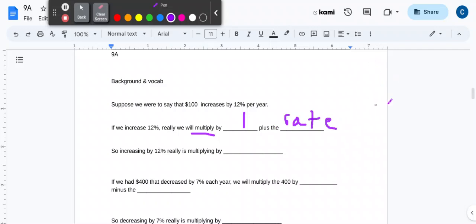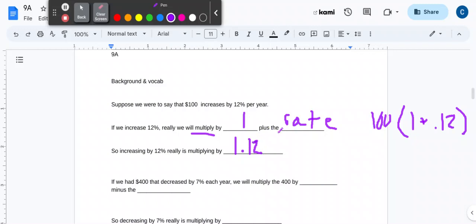So in this scenario, we multiply 100 by 1 plus the rate. The rate is 12%, so that's 0.12. So 1 plus 0.12. If we're increasing by 12%, we're really going to multiply by 1.12.